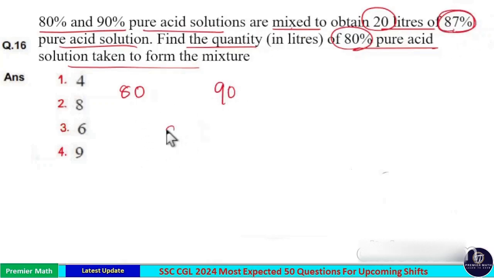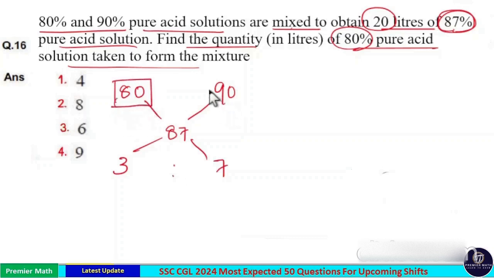That is, the average of these two is 87%. Now, take the alligation method. 90 and 87 difference is 3. 80 and 87 difference is 7. That is, 80% pure acid and 90% pure acid are in the ratio 3:7.